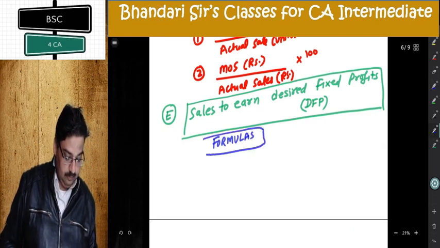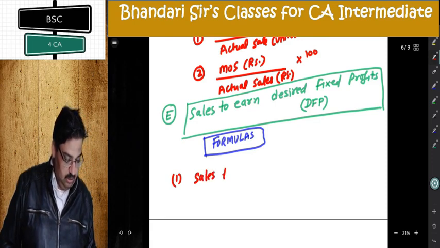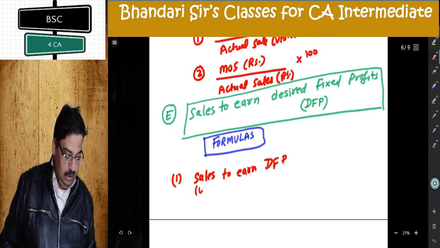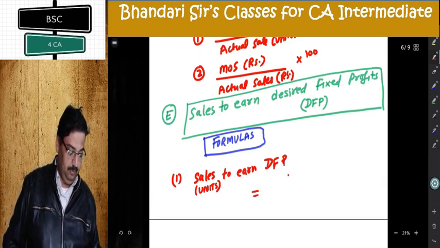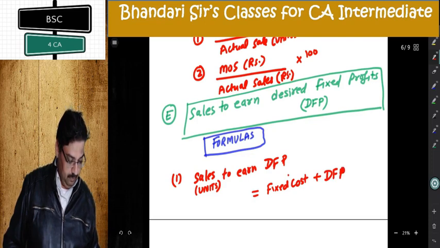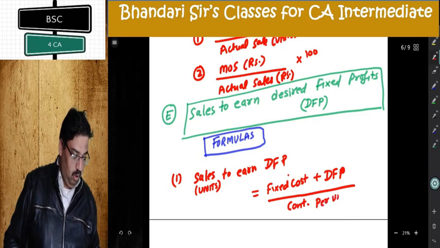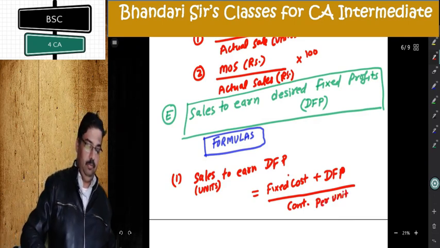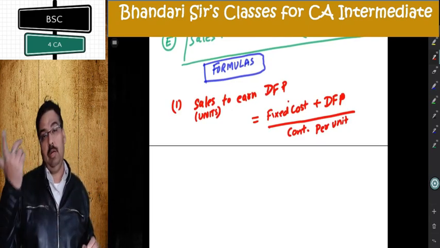Two formulas. Sales to earn DFP, sale in units to earn DFP, desired fixed profit, equals fixed cost plus desired fixed profit, whole divided by contribution per unit. Same formula as break even, just add desired fixed profit in the numerator.